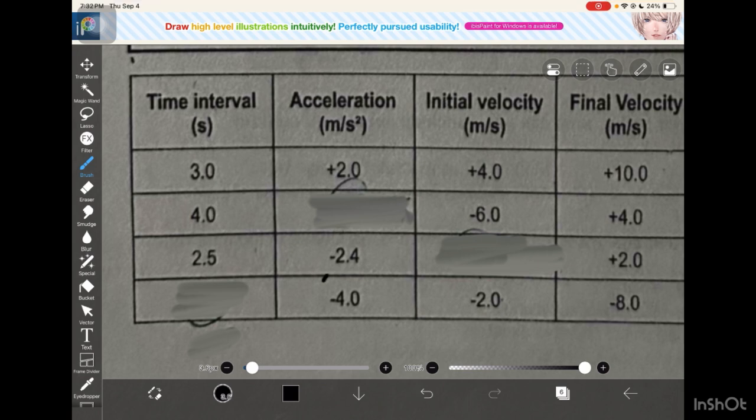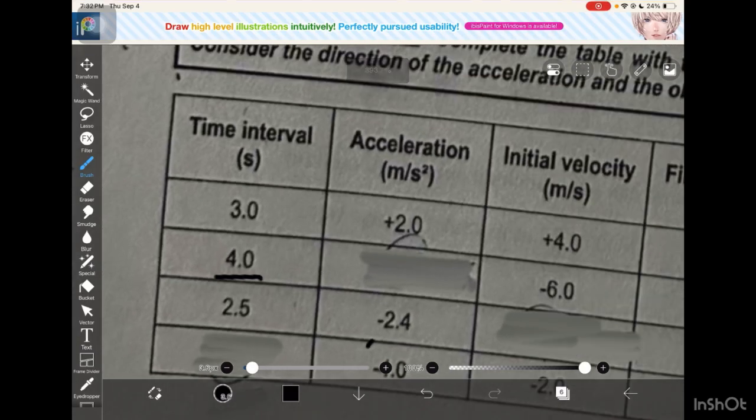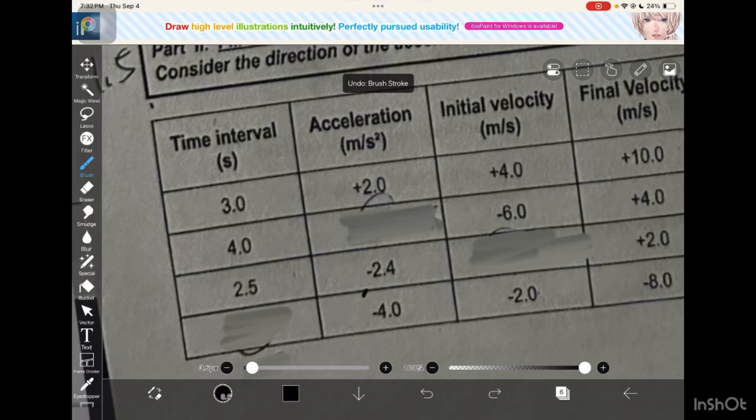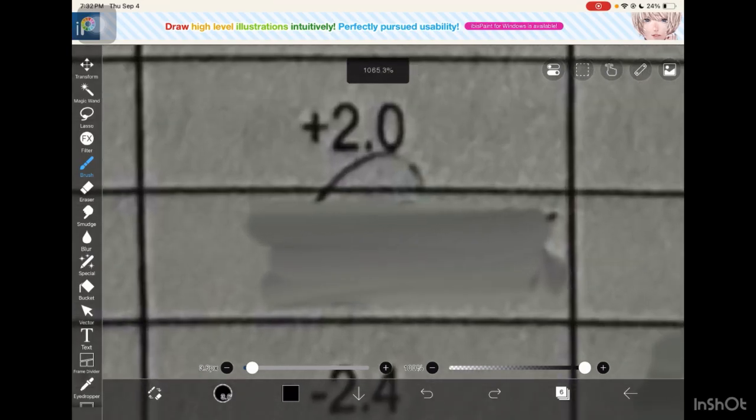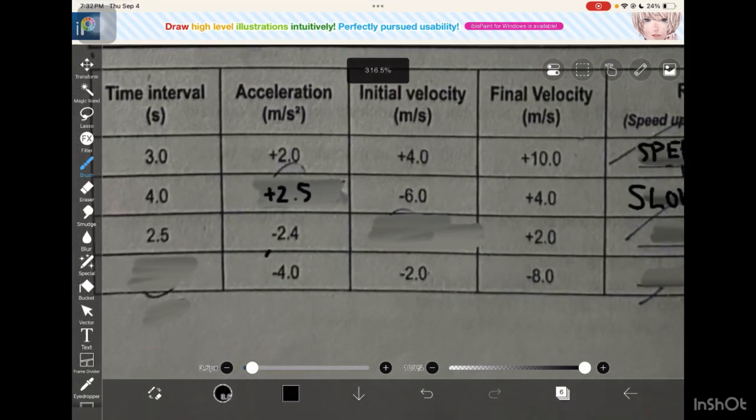That should result in 10.0. Then we divide 10.0 by our time interval, which is 4.0. That's equal to positive 2.5. Your calculator will recognize if it's positive or negative.